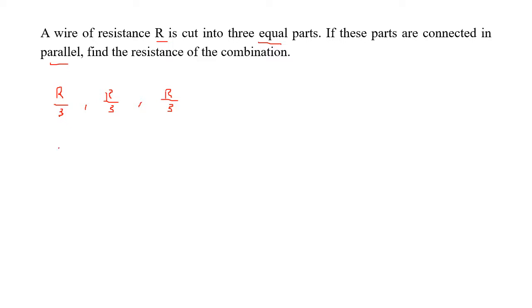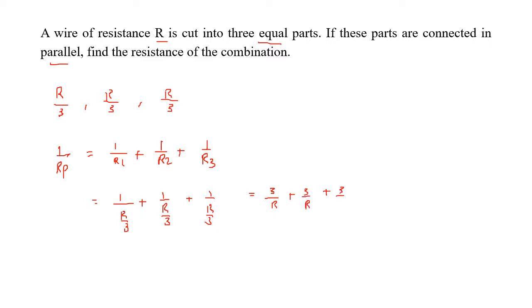Now when you arrange them in parallel, the formula is 1 upon Rp equals 1 upon R1 plus 1 upon R2 plus 1 upon R3. So we get 1 upon R by 3 plus 1 upon R by 3 plus 1 upon R by 3, or that is 3 by R plus 3 by R plus 3 by R, or 9 by R. So 1 upon Rp is 9 by R. So Rp is equal to R upon 9.